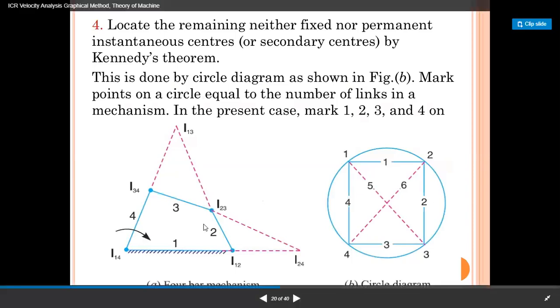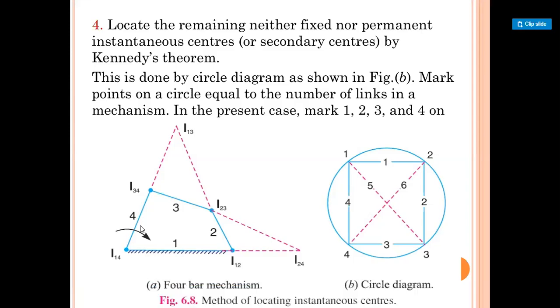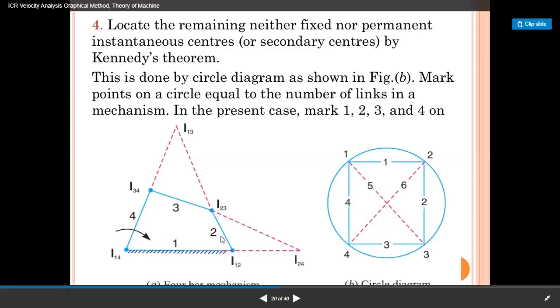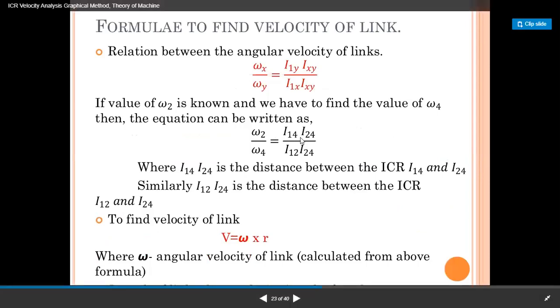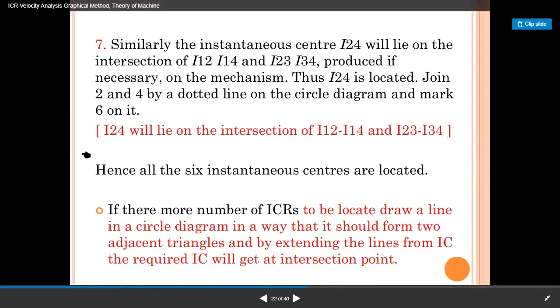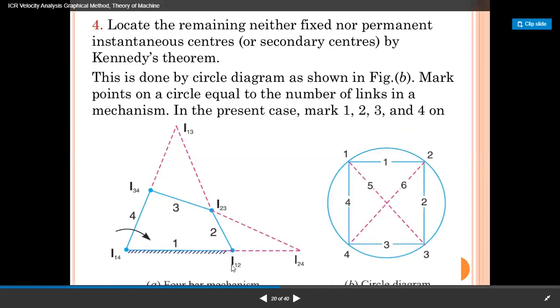If we have the angular velocity of link 2 and we have to find the angular velocity of link 4, then the equation generated is omega 2 upon omega 4 equals the distance between instantaneous centers I14 to I24, where I24 is here and I14 is here, right?